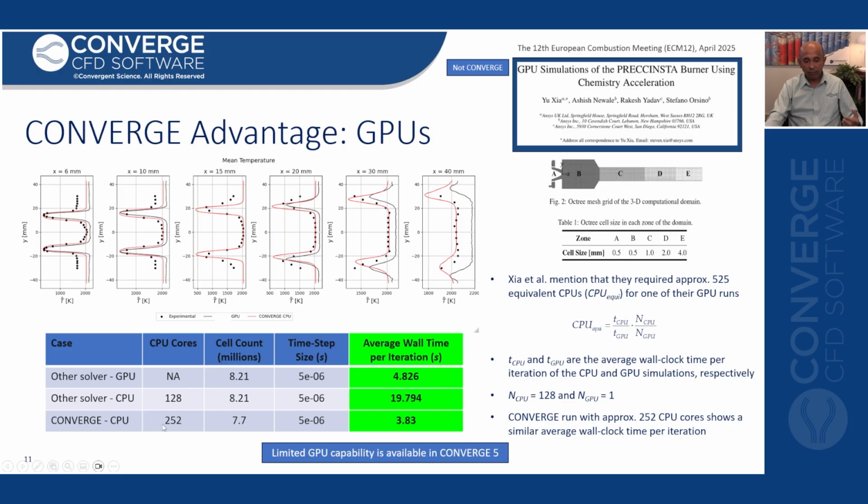We used 252 CPUs, similar cell counts, and similar time steps, and we were able to get below 4 seconds per iteration. So GPUs are important, but currently with Converge's CPU capability, you can actually get really competitive, if not better, results with CPUs.